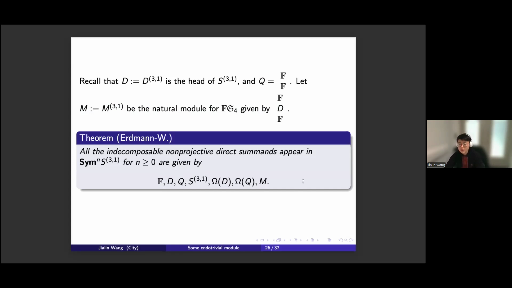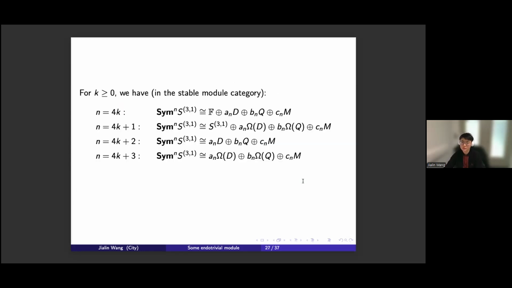And furthermore, we can say what are the things appearing in each symmetric power. So they are given over here. When n is a multiple of 4, you get one copy of F and some D, Q, M coming out. And when n is 4k plus 1, you get one copy of S31 and some omega D, omega Q, and M. And when n is 4k plus 2, you get D, Q, M with some coefficients.